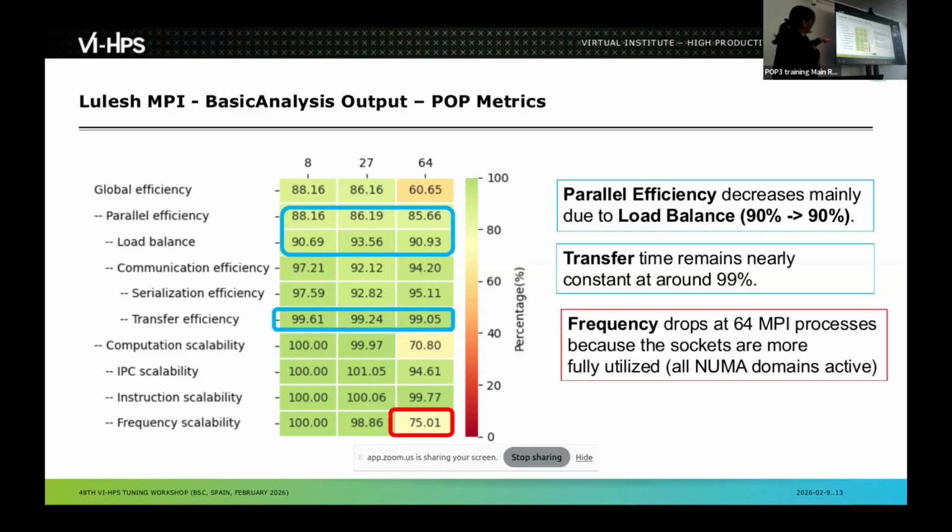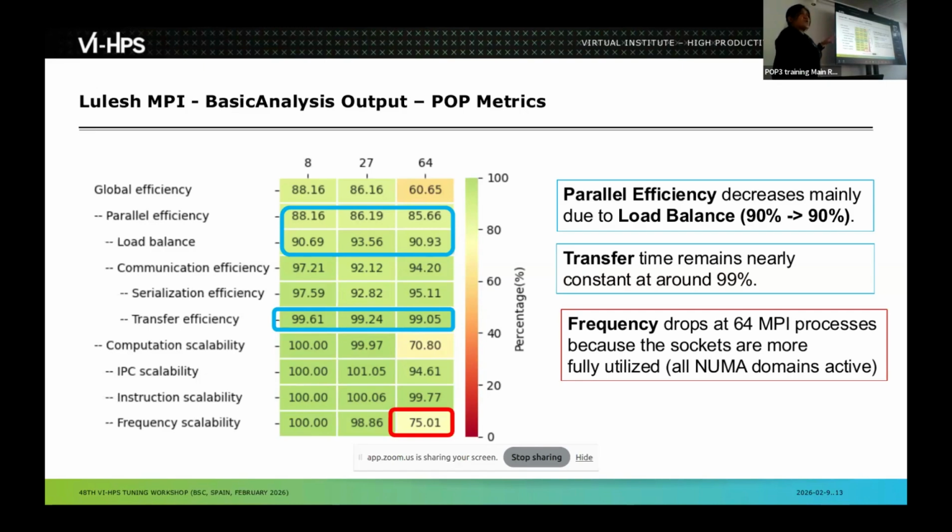The other value that we observe is a low value related with the frequency, and in that case this is related with the mapping that we use here. This is the case where we have a perfect mapping. In the case of 8, we are putting 2 processes per NUMA domain. Remember, this is done in the ACC partition.